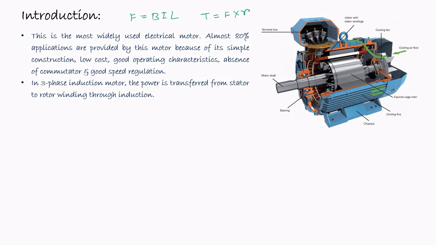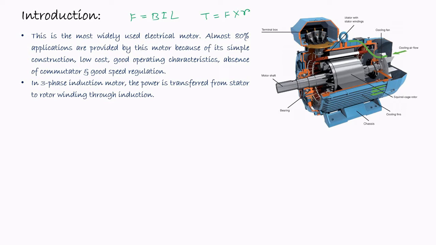So here we have to develop the magnetic field. In this case, it is produced when we supply the three-phase power supply to the stator winding. Then the rotating magnetic field is produced there. And for the current flowing through the rotor conductors, we need not supply the power from an external source.